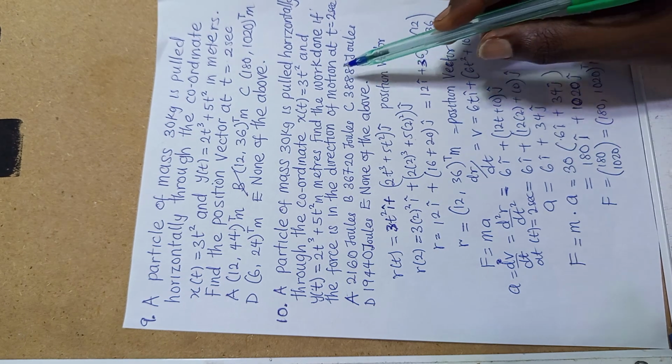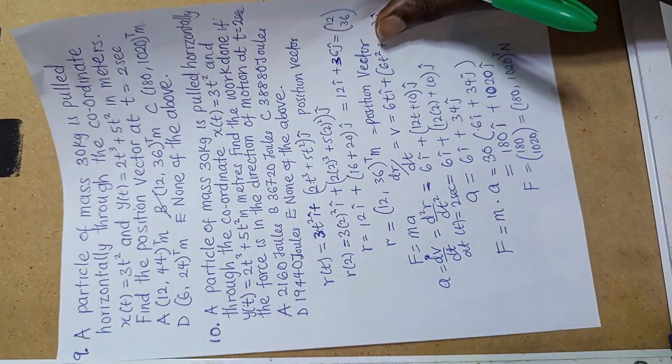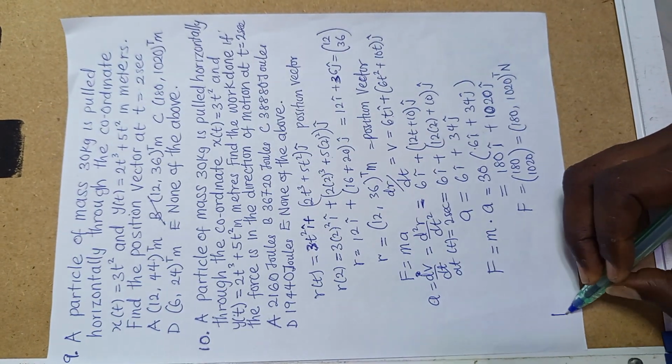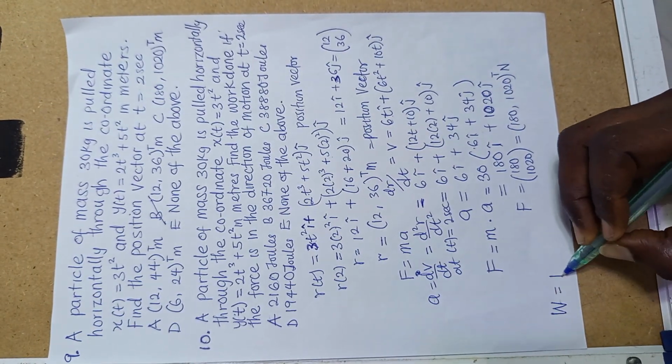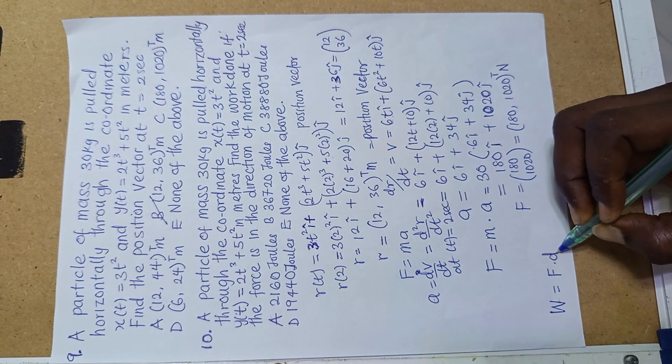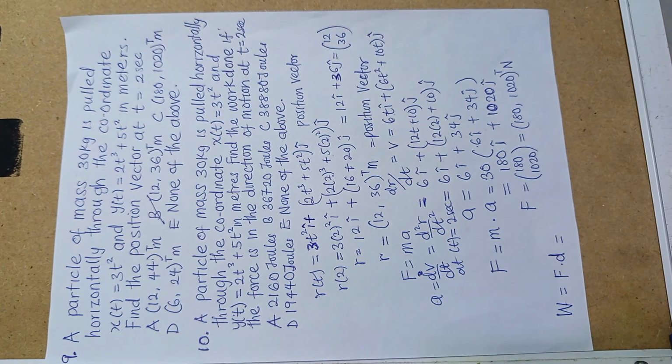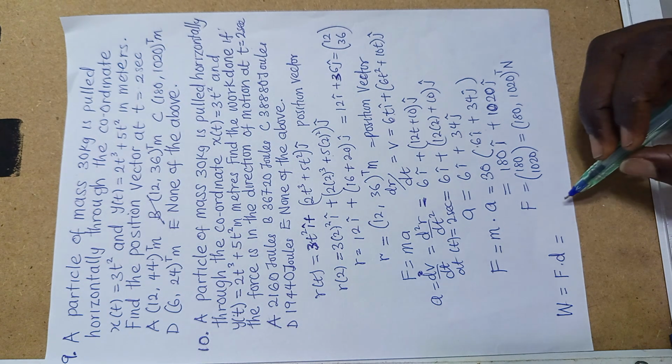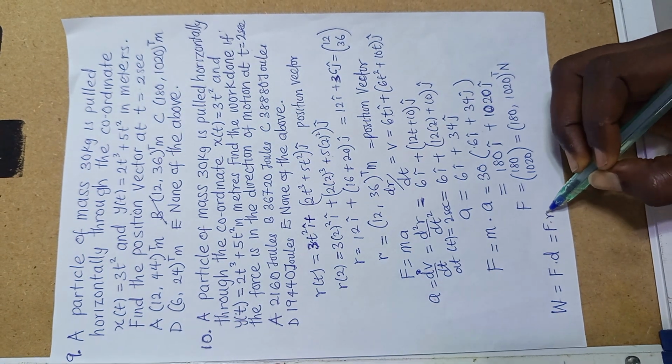But we have not finished our answer. To get work, work is equal to F dot distance, or F dot r.